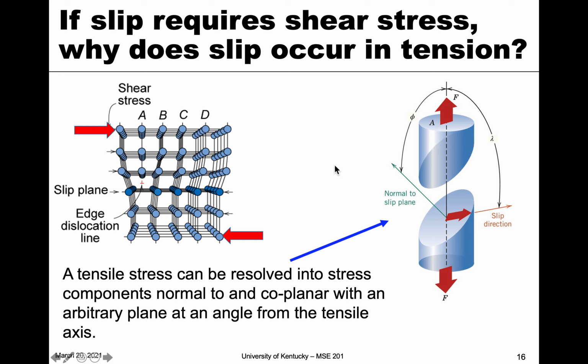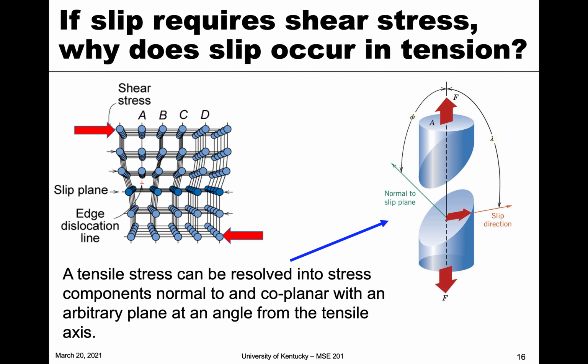However, we've also predominantly been talking about tension, right? And so if this slip requires shear stress, then we want to figure out how slip can occur in this tensile force mode.